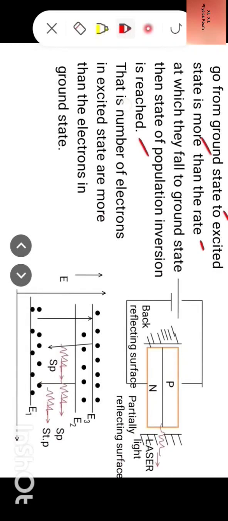That is, the number of electrons in the excited state is more than in the ground state. Now look at this diagram. Here you see this is the excited state where electrons are more in number than the electrons in ground state. So this is a population inversion state.